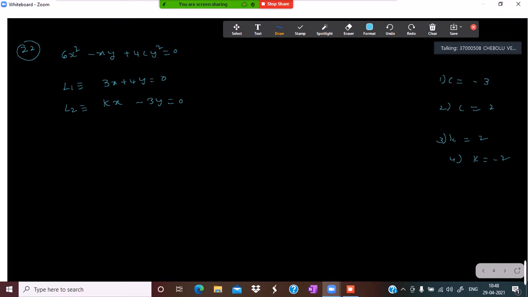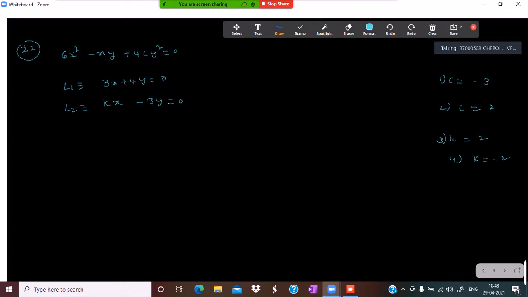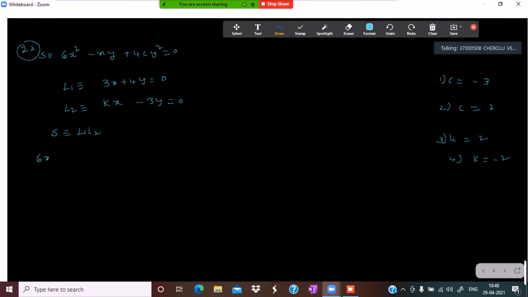So observe, Nana. Here I take the equation S, the combined equation of L1 into L2. So S means 6x square minus xy plus 4cy square is equal to L1 into L2, multiply these two: 3x plus 4y into kx minus 3y.